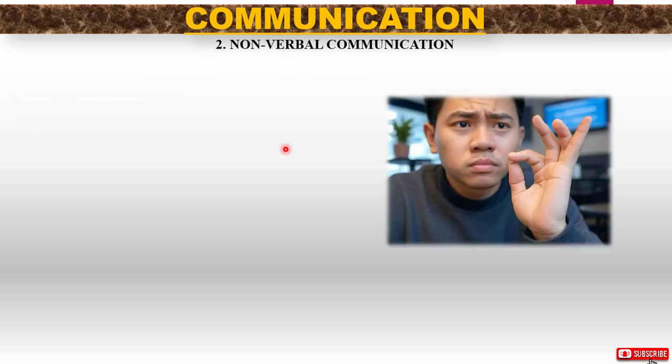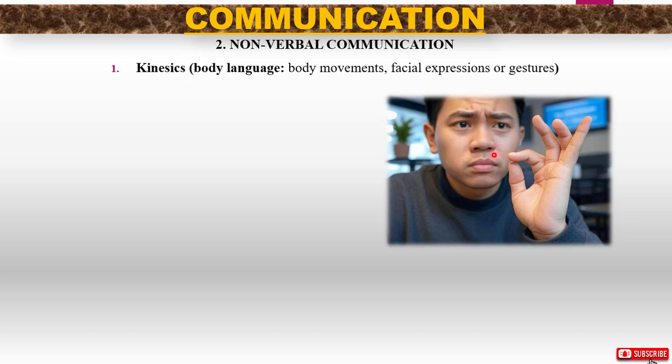What are the types of nonverbal communication? Look at this. This is a hand gesture. Therefore, if you communicate using your body through hand gestures, it is also a form of nonverbal communication because you are not using words. Now, if we communicate with our body this way, then we call it kinesics, exchanging information through body movements, facial expressions, or gestures.